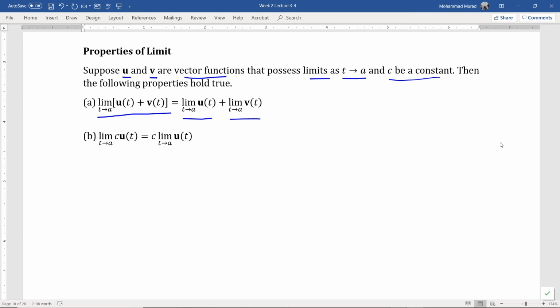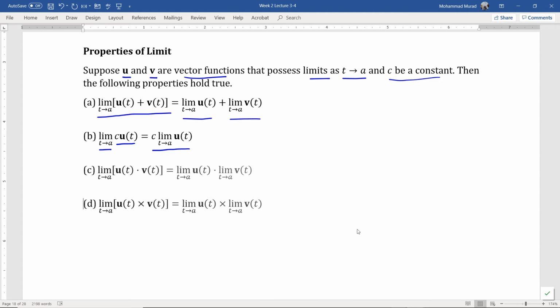The second property reads: the limit of the scalar multiple of the vector function u, where c is the scalar, as t approaches a, is exactly c times the limit of the vector function u, just like the real valued case. Similarly, we have the product rules for both the dot product and cross product.